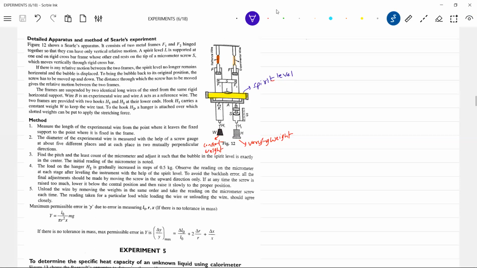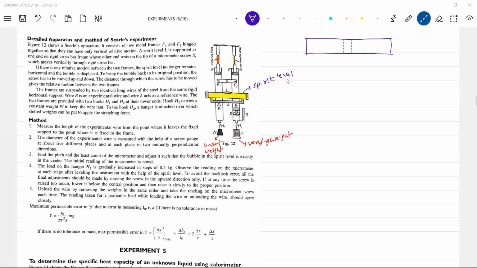You must have a background of what a spirit level is. Where do we use a spirit level? I want some answer from your side. Okay, construction sites, to check whether a surface is horizontal or not.